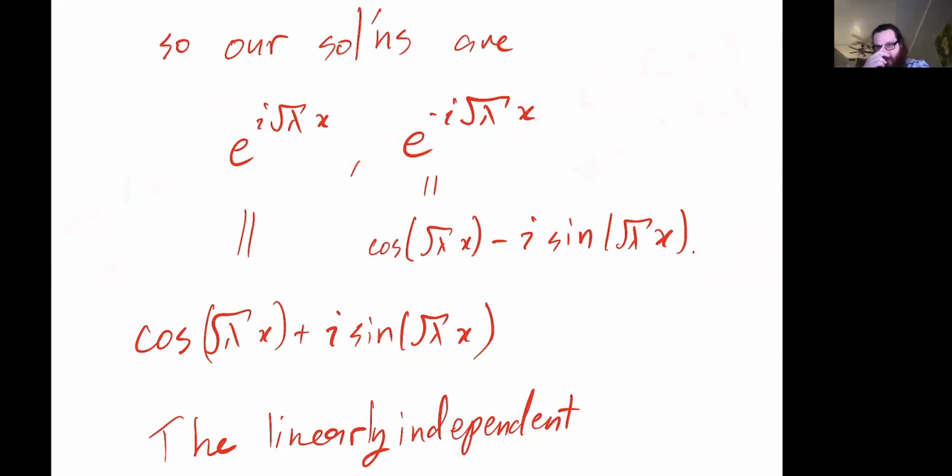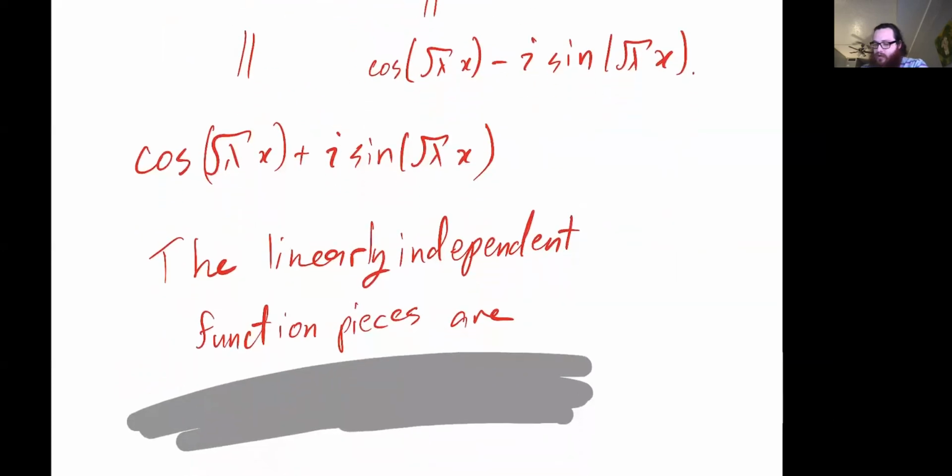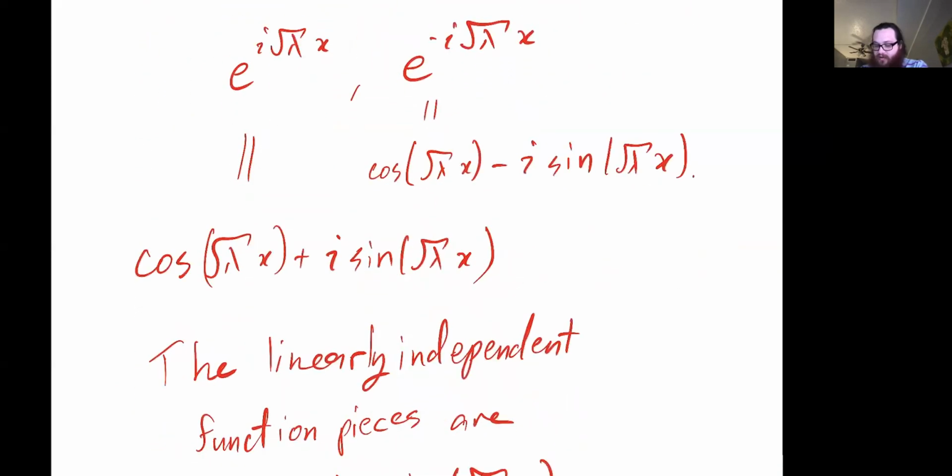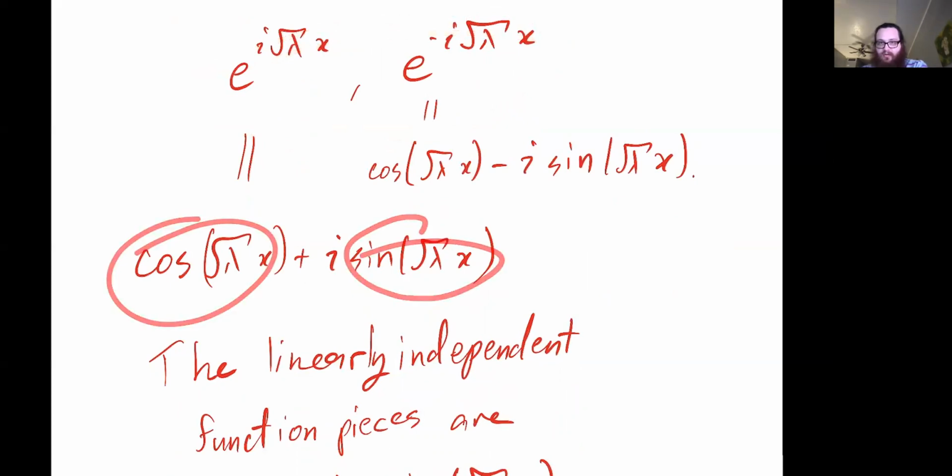In practice, we're interested in real solutions, and so what we do is we just take the linearly independent functions in here. So written out, the linearly independent pieces that generate these two general solutions we found are exactly cosine of root lambda x and sine of root lambda x.